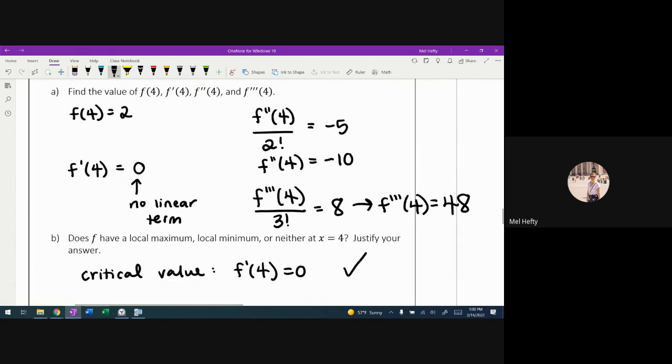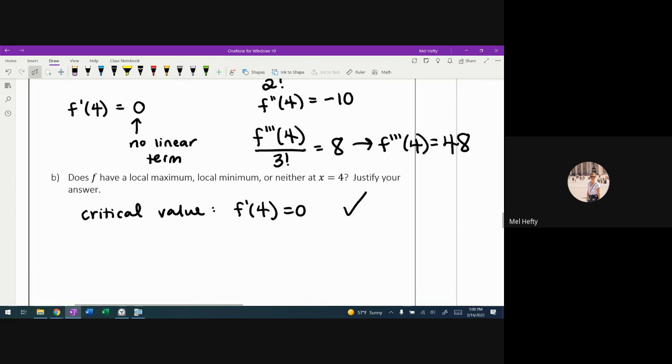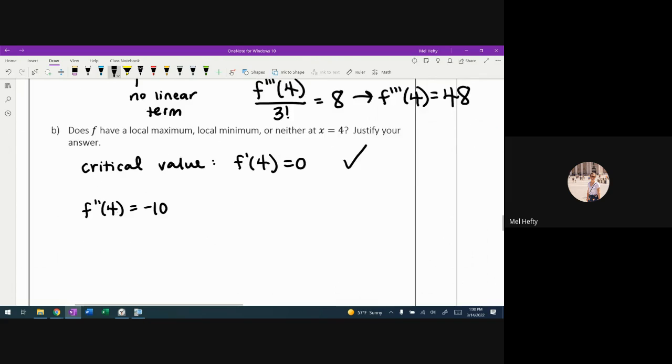Now, do we have enough information to make a sign chart? No, we only have certain pieces of information. So y'all remember, dig deep back in your brain, the second derivative test. What do you know about the second derivative based on the stuff we did in part A? It's negative 10. Why do you think I care about that number?